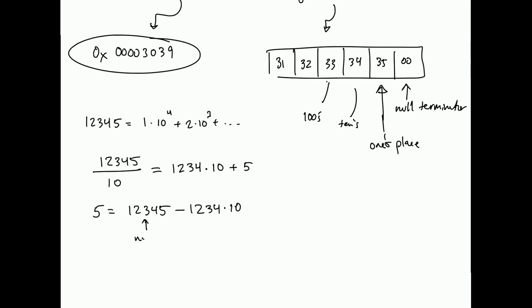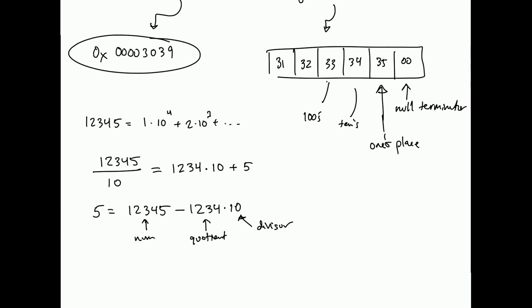This is the number, this is the quotient, and this is the divisor. Okay, so do you guys accept that this works out correctly, mathematically? Yeah. Okay.